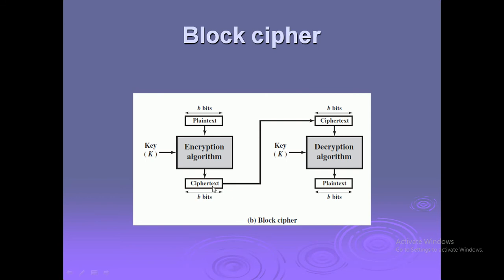The output is a ciphertext of length b bits, and the ciphertext is decrypted using the decryption algorithm. The same key is used for the decryption algorithm, and the output of the decryption algorithm is a plain text of length b bits.